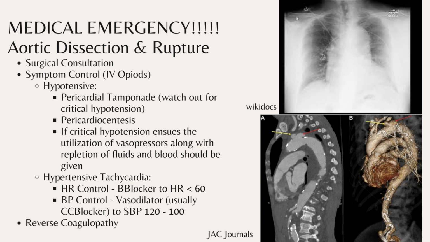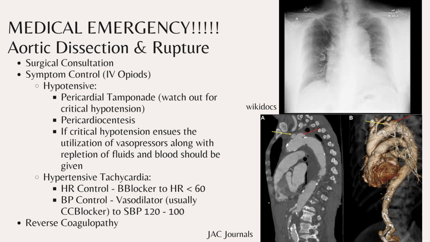First and foremost, you would want to take the vital signs and see if they are hemodynamically stable and consult surgery. For symptom control, if the patient's hypotensive, let's say they're in pericardial tamponade, we want to watch out for critical hypotension. Say their MAP is under 65, they might need pressors, and at that point, they'll probably need blood as well.